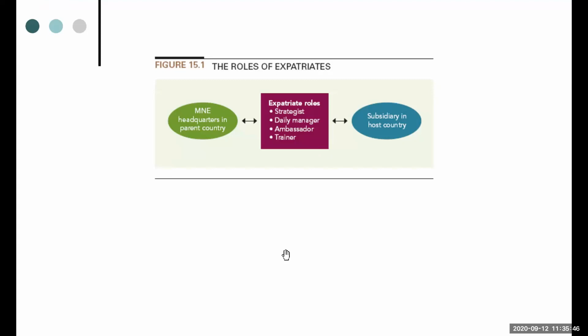The textbook mentions some roles which experts take, like a strategist, execution, daily manager, ambassador, trainer. What would explain your role the best? Or is there another role? No, daily manager, sir. Did you give any training to the team there?